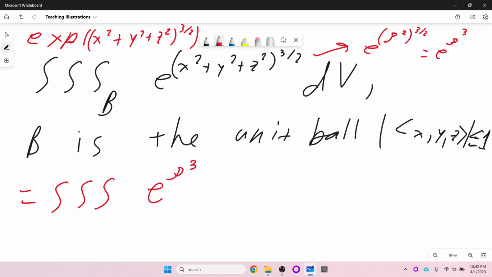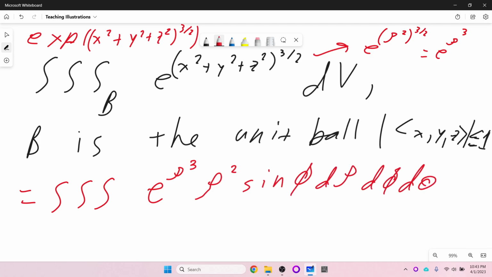Now, since we're converting into spherical, we need to multiply by rho squared sine phi d rho d phi d theta. It's the unit ball, so since it says it needs to be less than or equal to 1, we are including the interior of the ball, not just the surface, everything inside it.